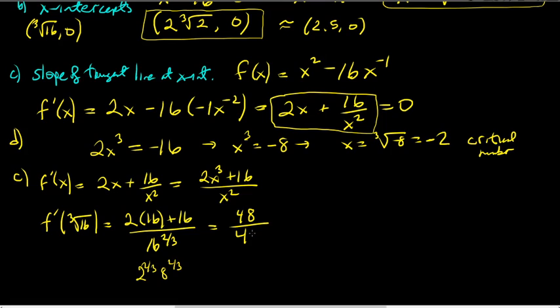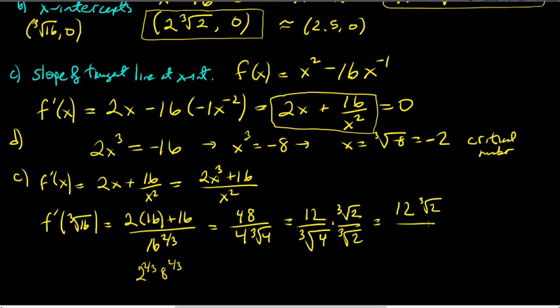So this is 4 times the cube root of 4, and 48 divided by 4 is 12. So you get 12 divided by the cube root of 4, which when you rationalize the denominator, which again, you don't have to, but it does help, you get 12 cube root of 2 divided by the cube root of 8, which is 2. So you should end up with 6 times the cube root of 2. And so that's the answer I'm looking for.